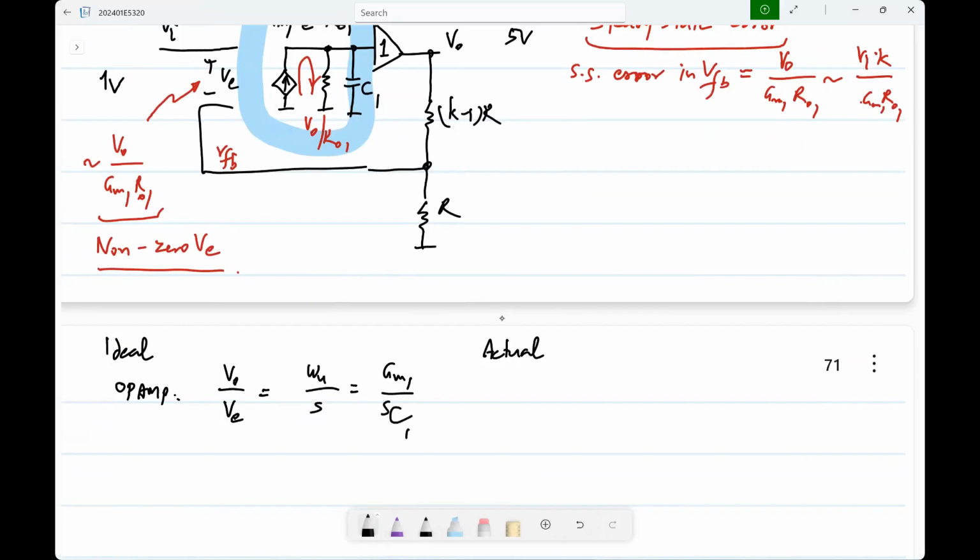What is the transfer function of the Opamp? Please calculate.